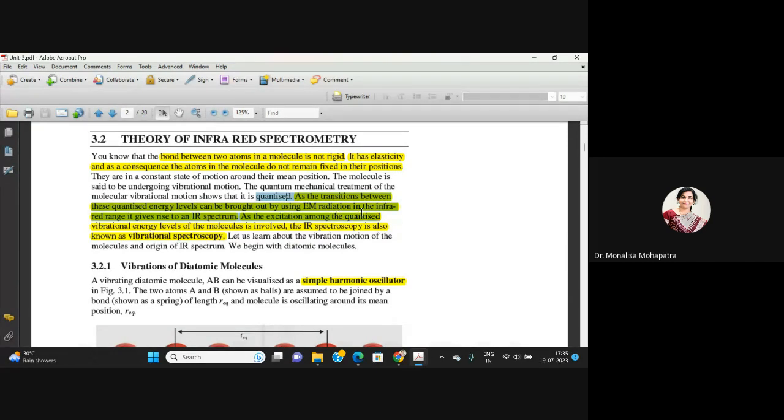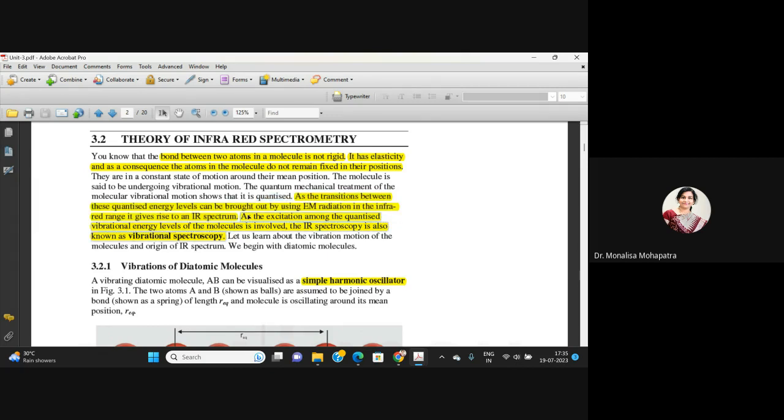It means there is a vibrational energy level transition. Last class, if you remember, we discussed electronic energy level transition, vibrational level transition, and rotational energy level transition. So it gives rise to your IR spectrum.